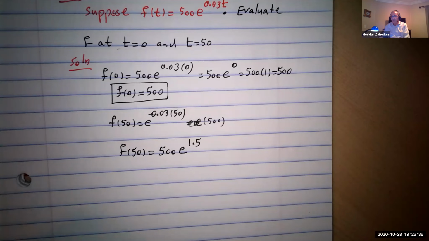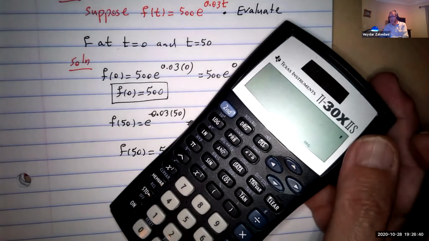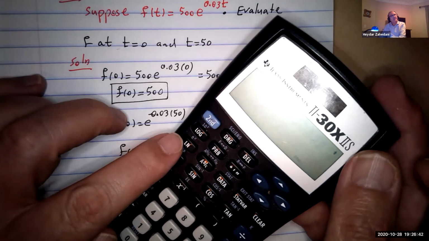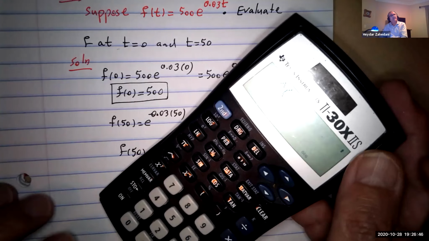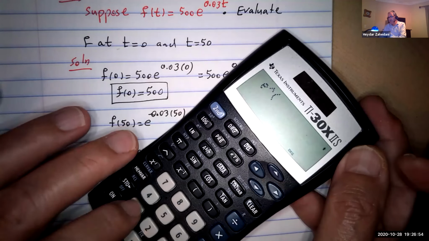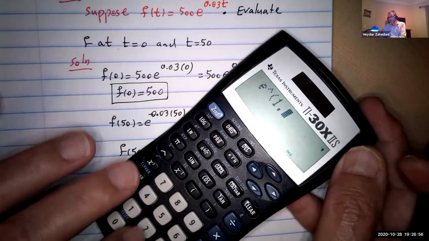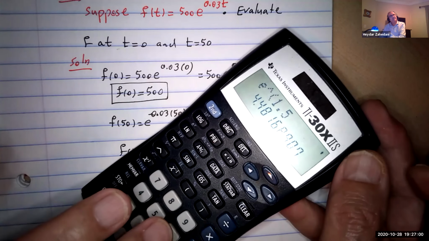Make sure that you know how to identify these numbers on your calculator. This is going to be ln, which we're going to use later on. You go to the second function and click the ln, so that gives you the e. Then you put the number in. The number is 1.5, so e to the 1.5 gives you the result.